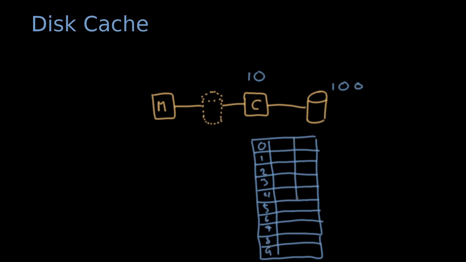And then we need 2 more columns. So initially, the whole cache is empty.